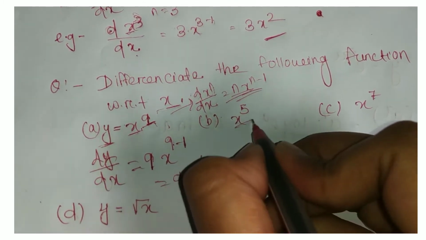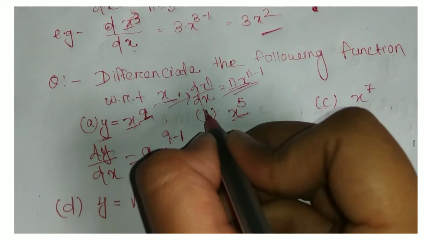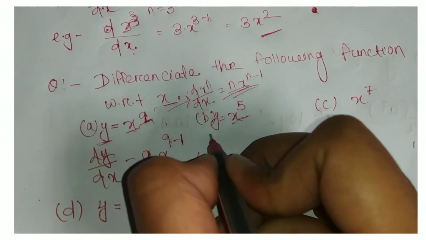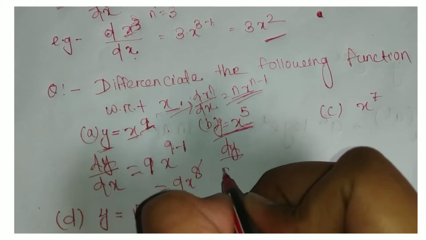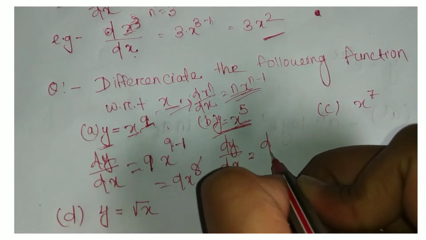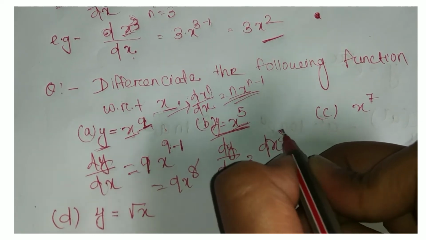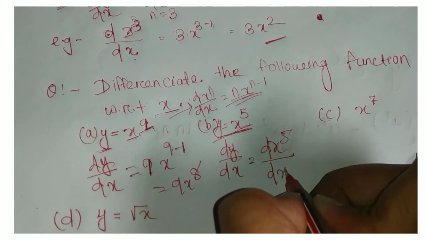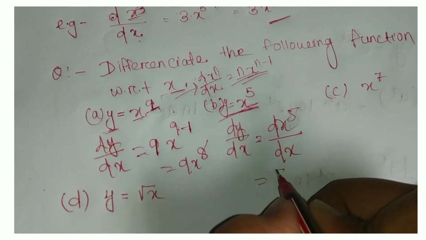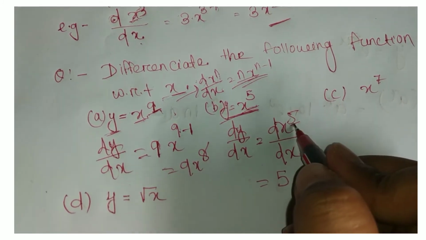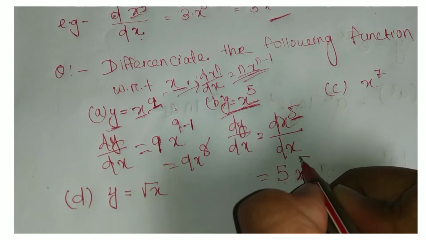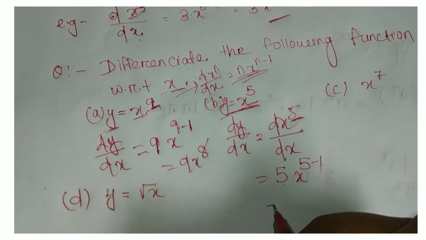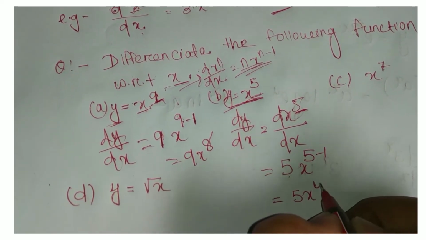Like this, x to the power 5, here function y is equal to x to the power 5, we have to calculate dy by dx is equal to d of x to the power 5 by dx is equal to 5, here n is equal to 5, so 5 x to the power n minus 1, 5 minus 1, that is 5 x to the power 4.